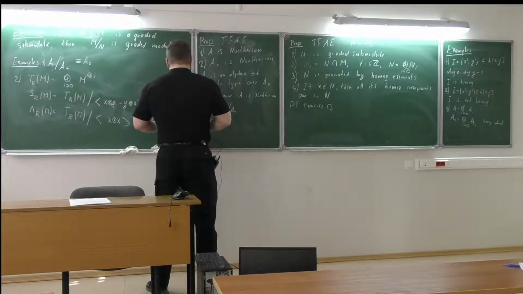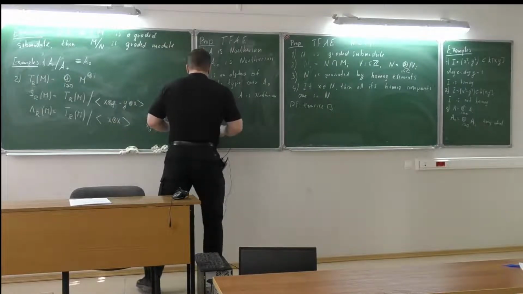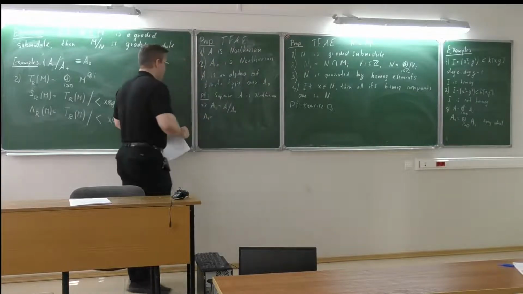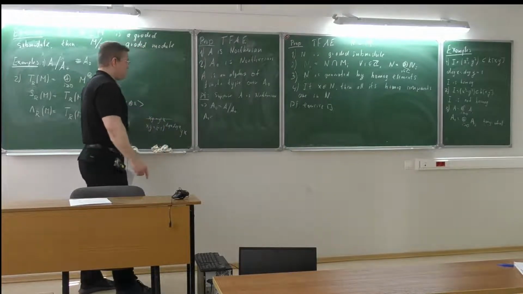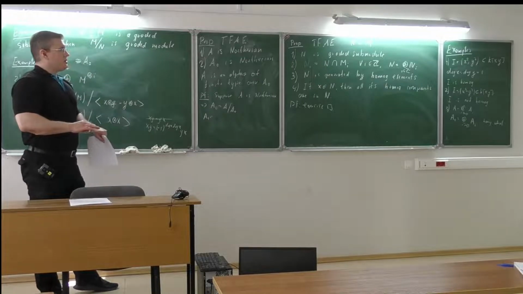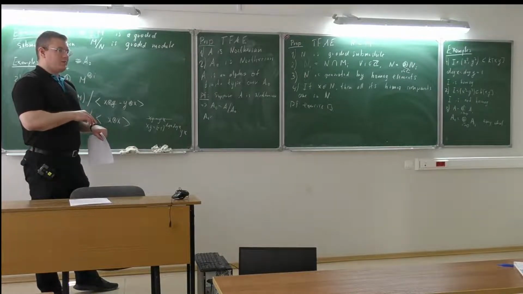Now we want to say that this is an algebra of finite type. Okay, let's now look at A plus. Sometimes, especially in algebraic geometry, people say that this A plus is the irrelevant ideal. If you take a polynomial ring and take the irrelevant ideal, this corresponds to the origin.